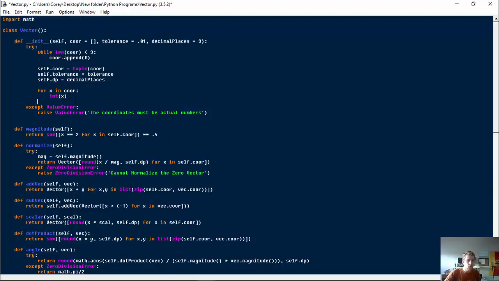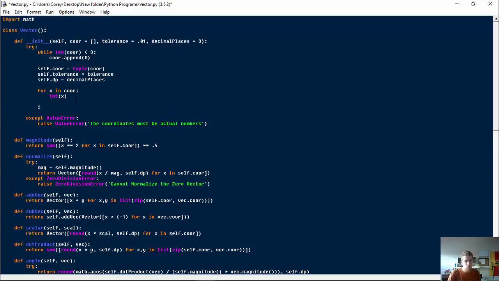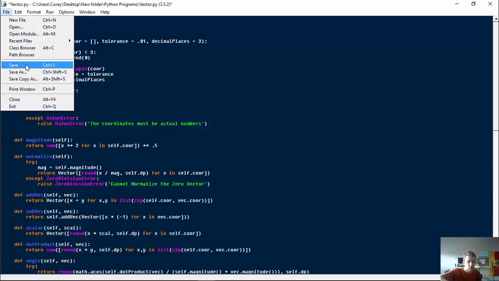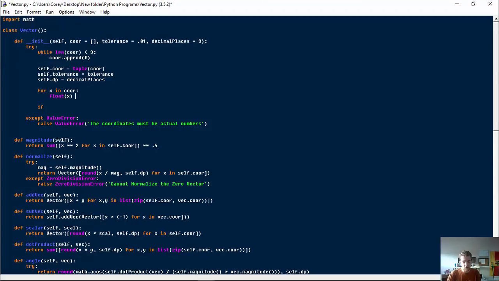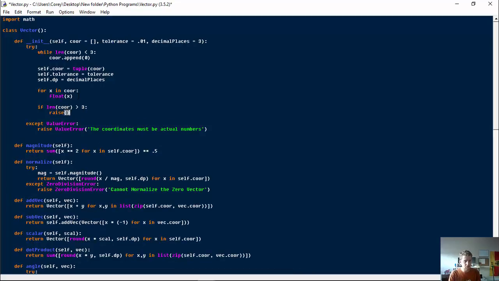Probably just show you. This here is just in case they put in string values. In fact, this should be float. So if they put in a string like 3.1, if I did int, it would ruin it or make it 3. So that should be float there. So if len of coordinates is greater than 3, raise, there's already a value error here.